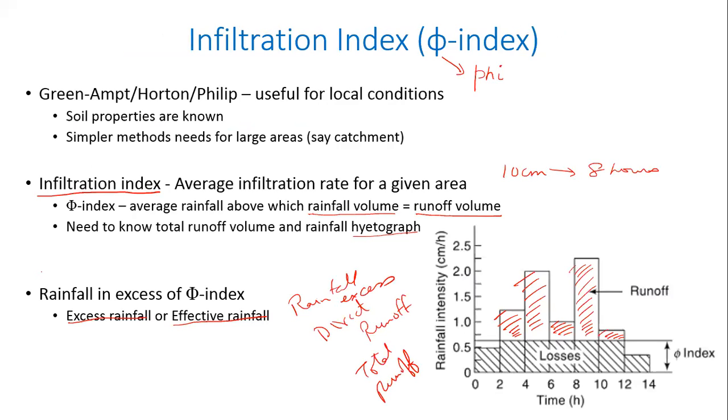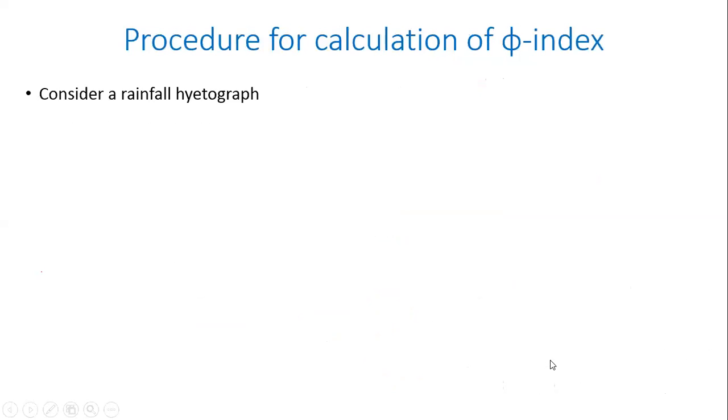You see the duration 0 to 14 hours, divided into equal intervals of 2 hours, so there are 7 time intervals of 2 hours each. In this case, capital N is 7, delta t is 2 hours, and capital D is 14 hours.